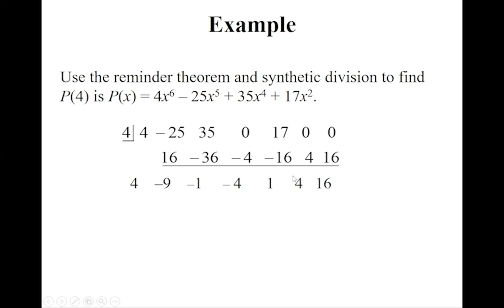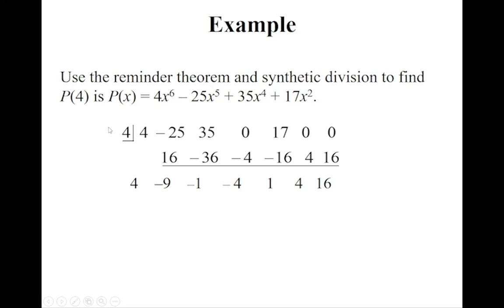So this last number we get, the remainder, is p of 4. That's remarkable. We didn't have to deal with all those huge numbers, 4 to the 6th, 4 to the 5th, 4 to the 4th, multiply by 4, 25, 35.